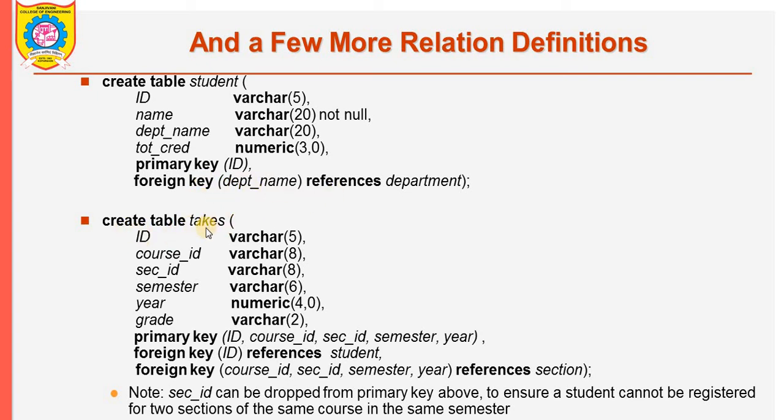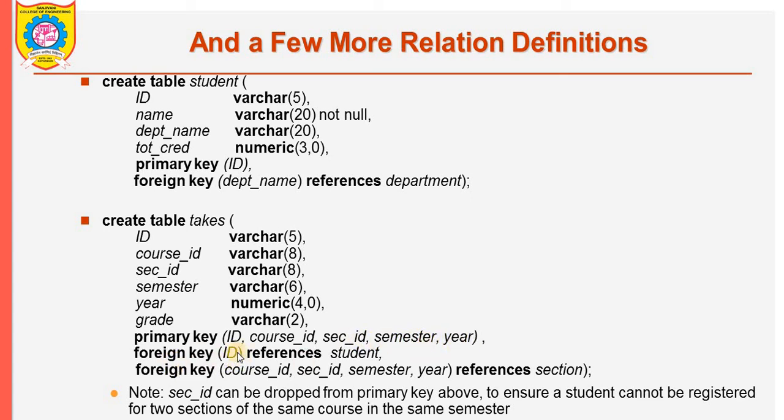Then we have the takes table. It has six columns: ID varchar, course ID varchar, section ID varchar, semester, year numeric and grade varchar. The primary keys here are ID, course ID, section ID, semester and year.